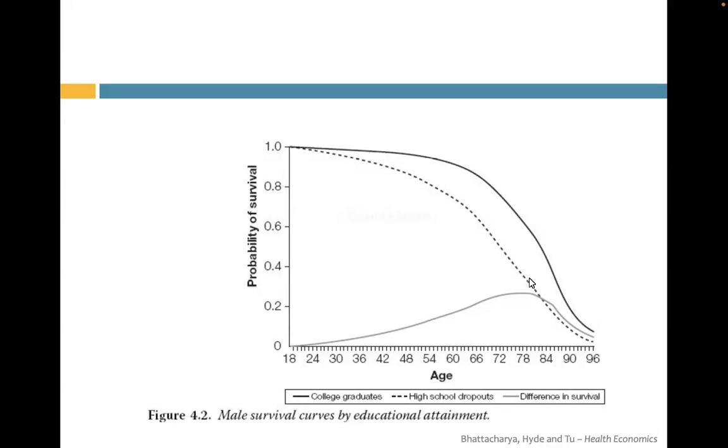Their survival rate is higher than the high school dropouts at all ages, but slowly decreases. The gray line at the bottom is the difference in survival. The difference expands all the way to around age 80, and then slowly decreases.